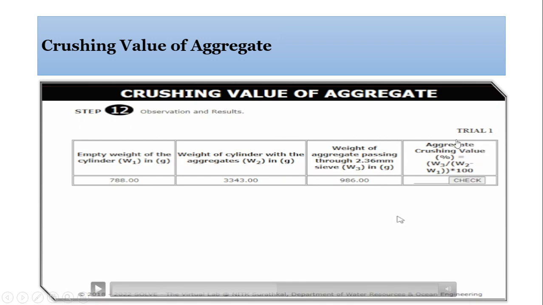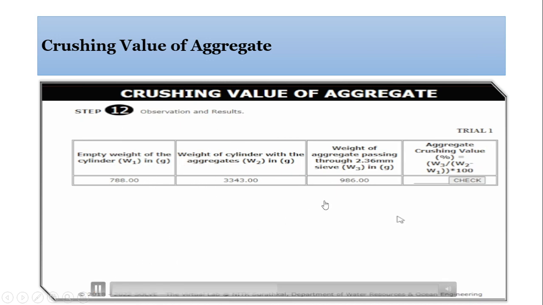To calculate the crushing value, we require the weight of aggregate passing through the 2.36 mm sieve, that is denoted as W3. The weight of the cylinder with the aggregate is W2, and the empty weight of the cylinder is W1. So W3 divided by W2 minus W1 will be the crushing value of that aggregate.